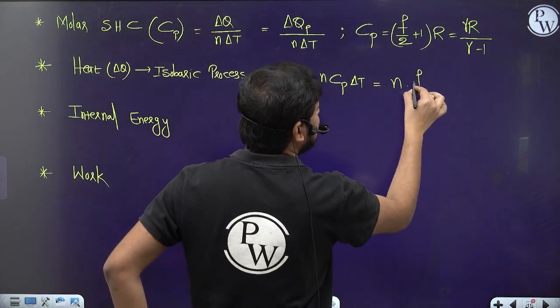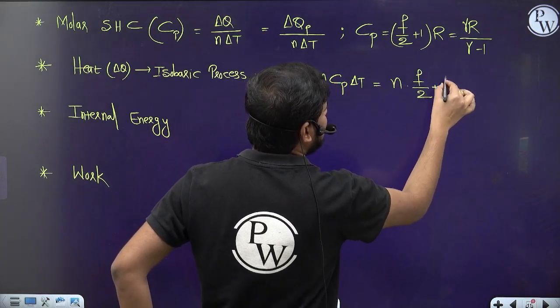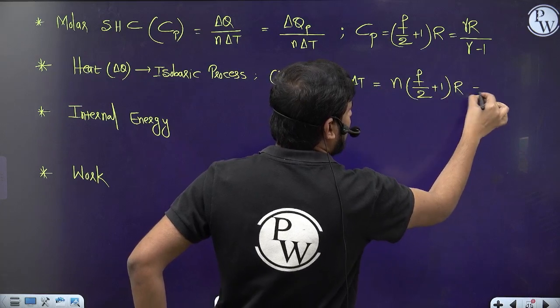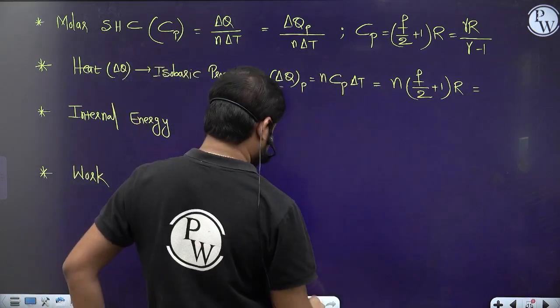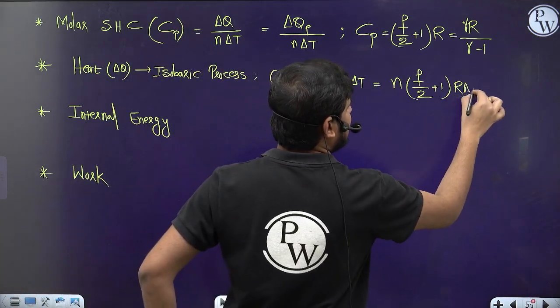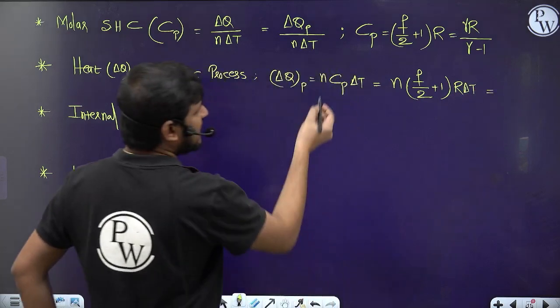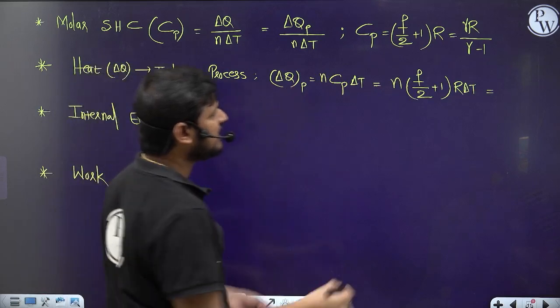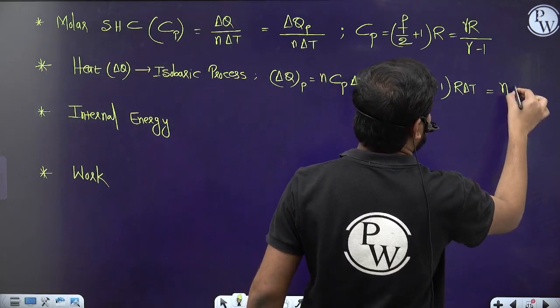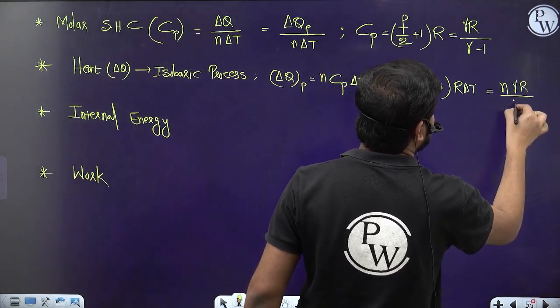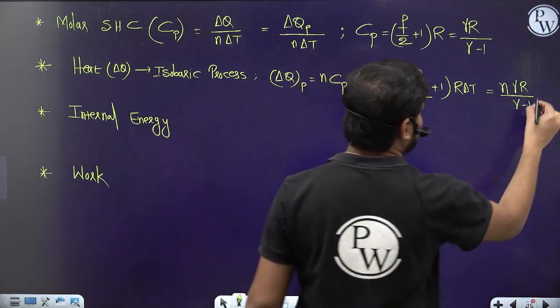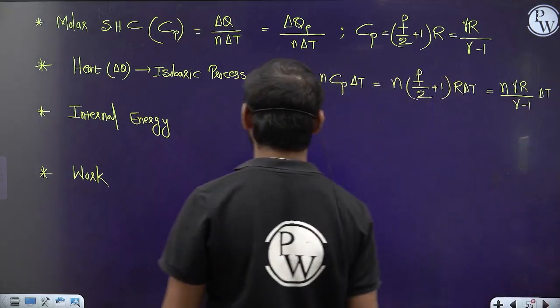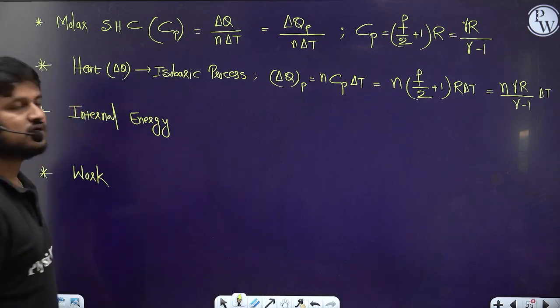Cp you can write as (F by 2 plus 1) into R, into delta T. In place of Cp you can also substitute the gamma value. So N into gamma R by (gamma minus 1) into delta T. That's it. Done? Clear everyone?